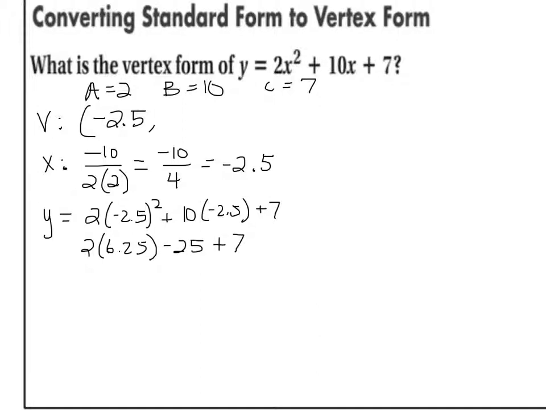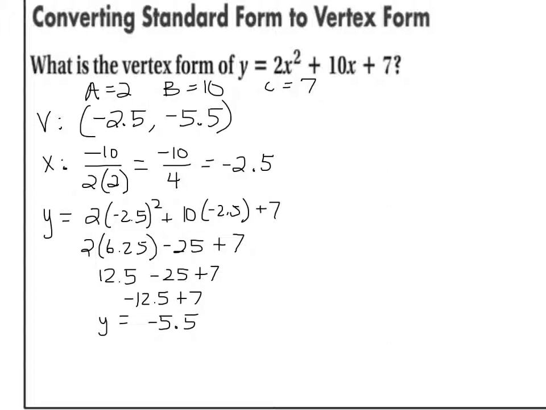Plus 7. 6.25 times 2 is 12.5. 12.5 minus 25 is negative 12.5. And negative 12.5 plus 7 is negative 5.5. So the y value of the vertex is negative 5.5.